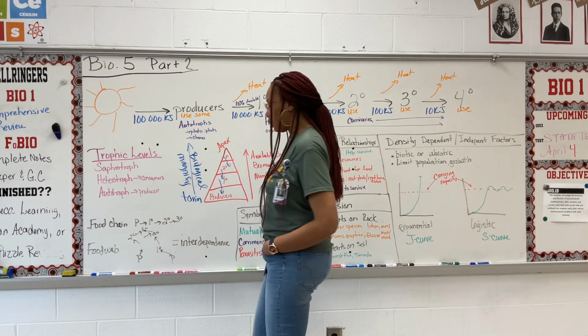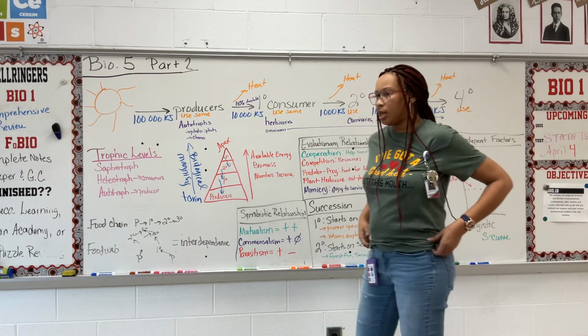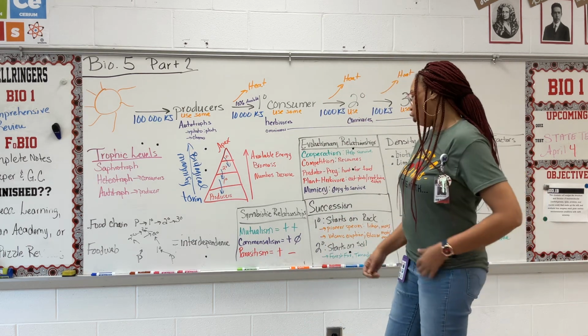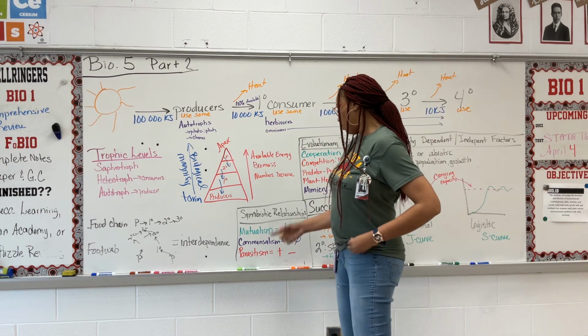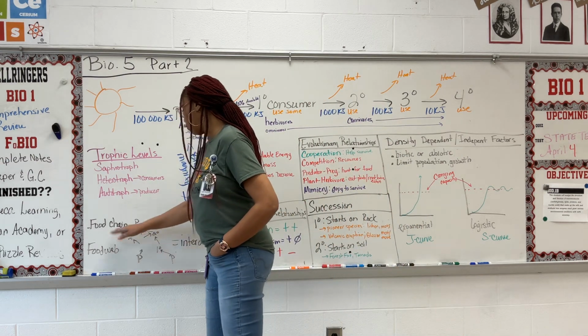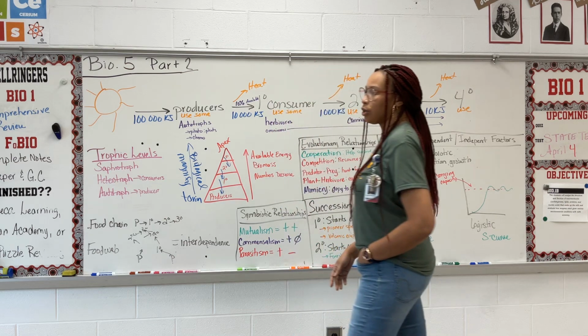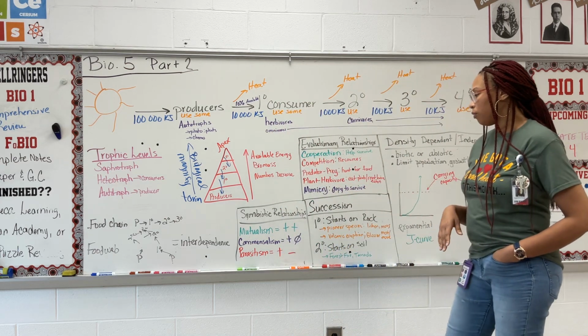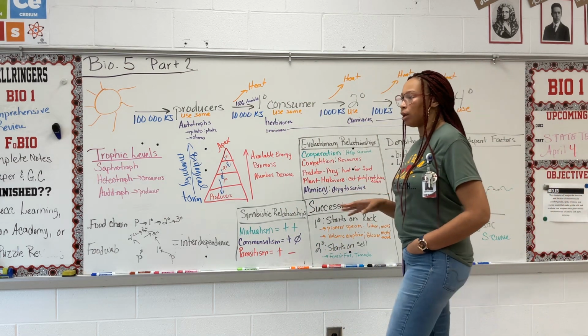And what we know about when competition increases is you tend to see a decrease in the overall population of that particular species. So there is interdependence within the food webs and the food chains. When you affect one of the species, it can affect all the other species.